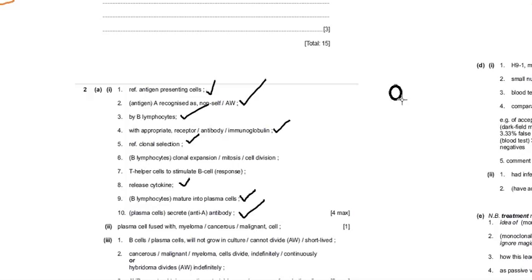There are the antigen presenting cells. We make this antigen go inside. The antigen is recognized as non-self. That is the first thing.